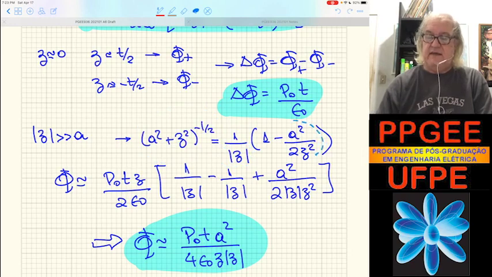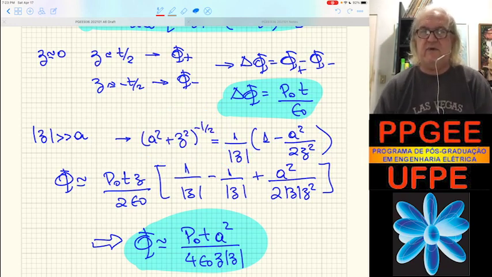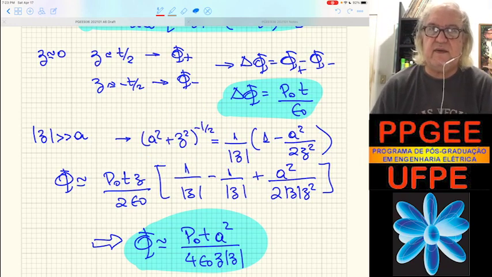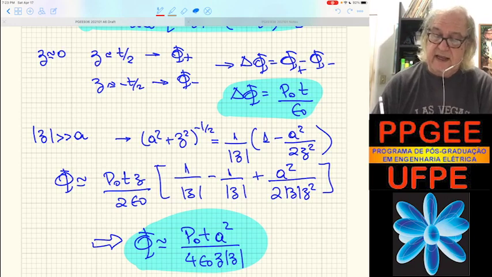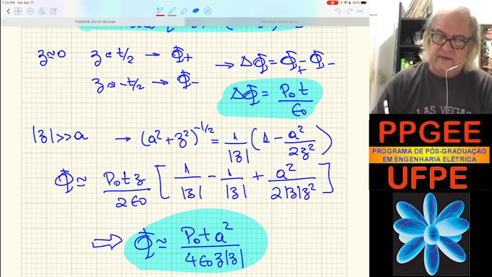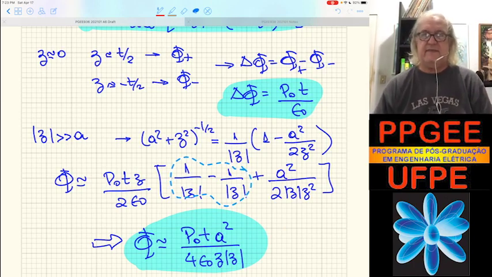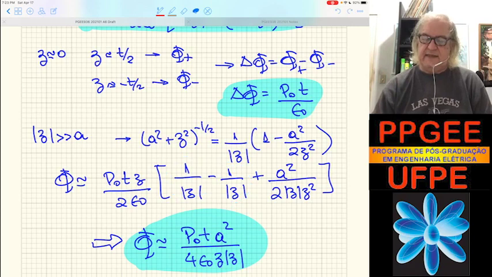There's a correction there, right? Then I'll leave that for you to work out, okay? There's a term which is going to cancel, the term that would be a monopole term. There's no monopole here, right? And we have this term that is left, which is the third power of z.